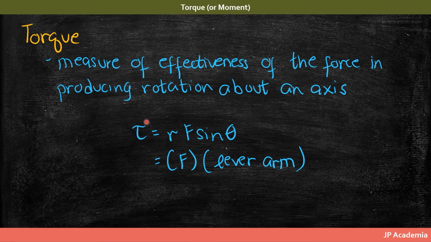So this refers to the magnitude of your torque, or this is equal to F times the lever arm, which is your r sine theta. The r here is the radial distance from the axis to the point of force application, and theta, this one, is the angle between the line of action of r and F. Given that the lever arm is just r sine theta, we can express this one, r sine theta, as the lever arm.